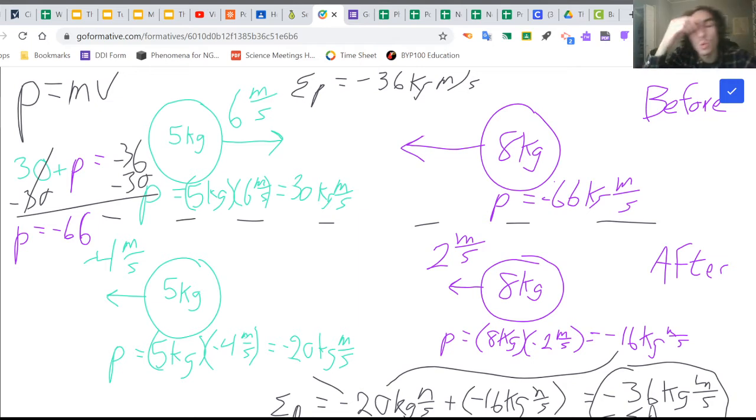But you could also just think about it maybe in a slightly more intuitive, less algebraic, math-heavy way. In general, if we know a total of something and we want to know what a missing piece of that total is, we just take the total and subtract the piece that we know, in this case, this teal object's momentum, and that'll get us this missing piece.